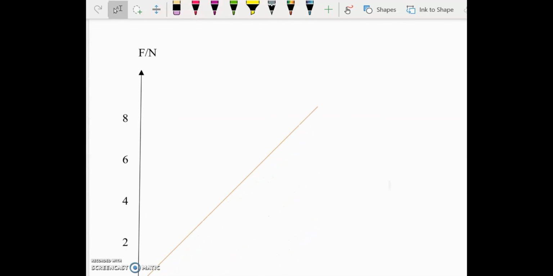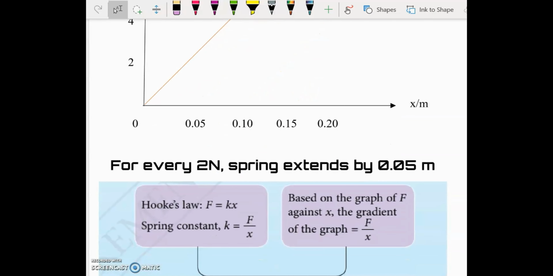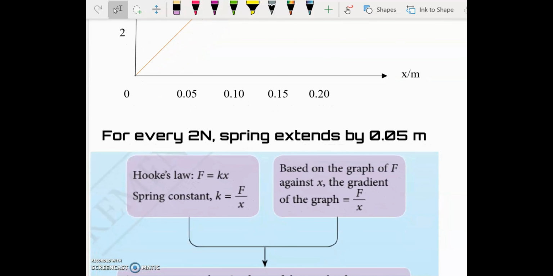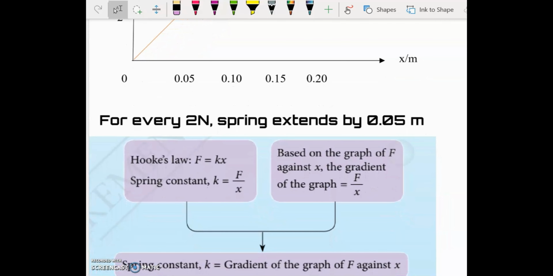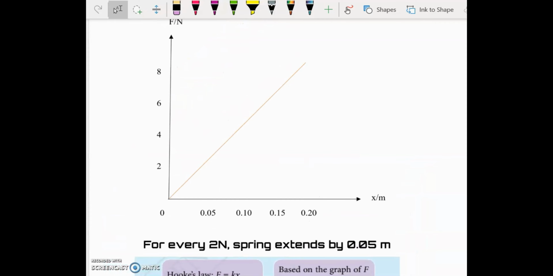Next, when you plot a graph based on the data, it is true that Hooke's law states that the relationship is directly proportional. So for every Newton, spring extends by 0.05 meter. Okay, so back to Hooke's law.